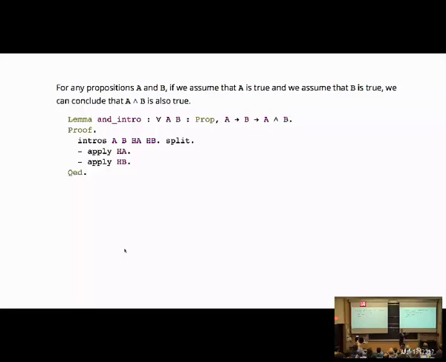The two sides of the conjunctive goal are going to get unified with those two variables, and then we're going to generate subgoals for each of the hypotheses of this statement, one for A and one for B. Okay, so apply and_intro is going to work just the same as split.